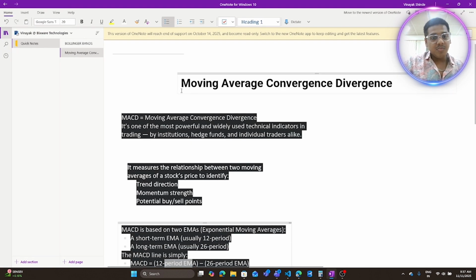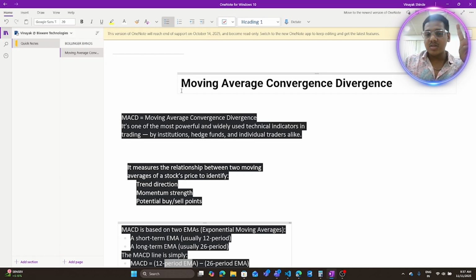So MACD stands for Moving Average Convergence Divergence. What is MACD basically? MACD is a combination of multiple indicators. It has a MACD line, a signal line, and a histogram.